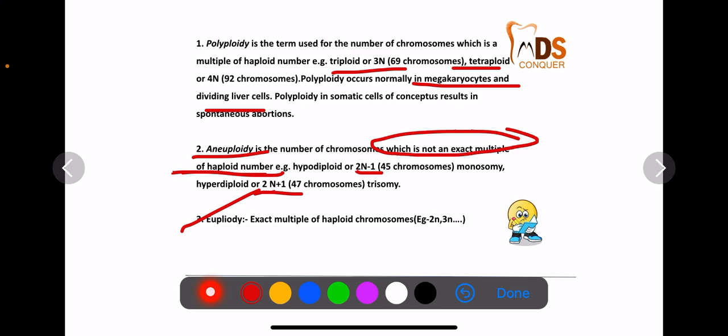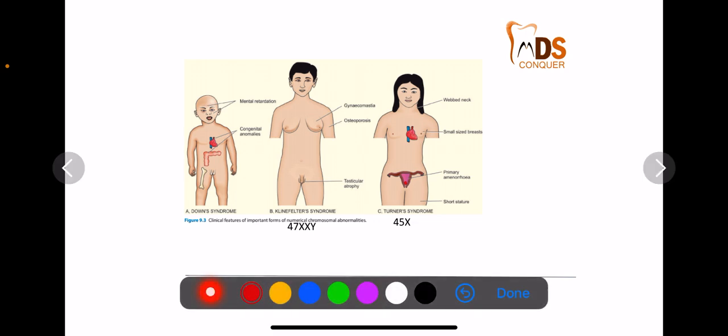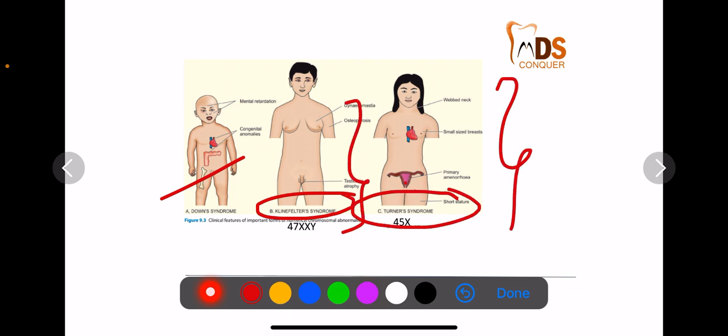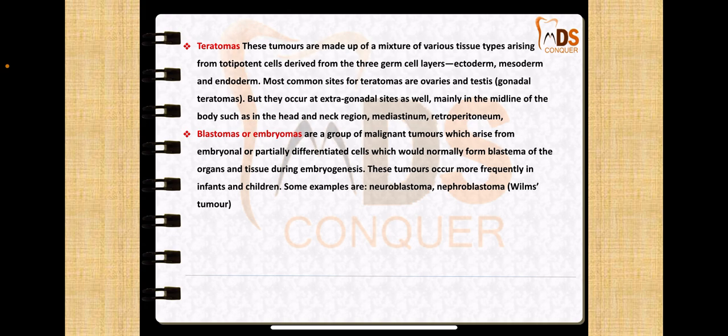Euploidy is an exact multiple of the chromosomes. So these are the differences, like Down syndrome, we know trisomy 21, then Klinefelter and Turner syndrome, and the respective clinical features and the pattern are clearly given here. So just have a look at it. So this is regarding the genetics quick revision.